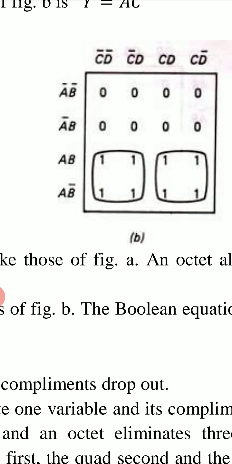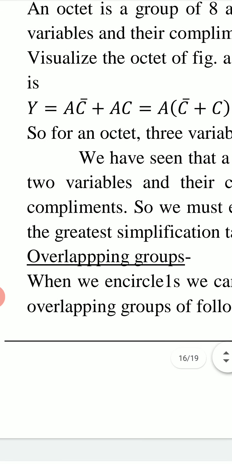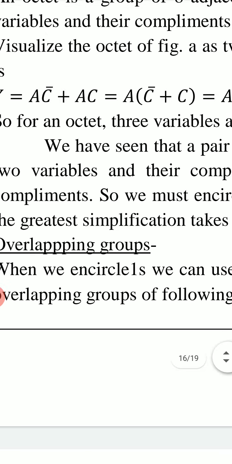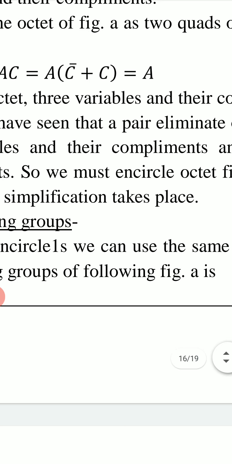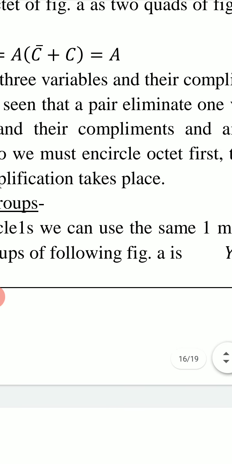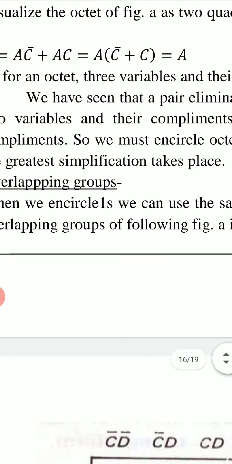Similarly, for the second quad we write y equal to A C. So for these 2 quads we have y equal to AC bar plus AC. A is common, that is A into C bar plus C. C bar plus C is 1, so A into 1, that is A. So we get the very simplified expression y equal to A.